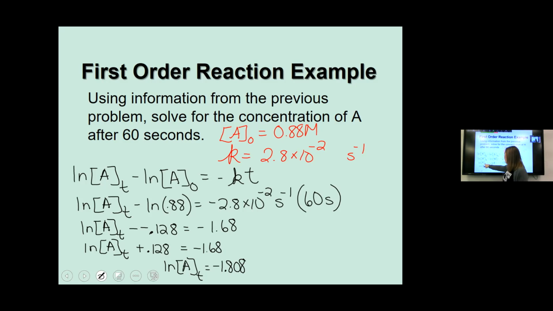So once I do the natural log of 0.88, that gives me negative 0.128. So then I have a negative minus a negative, so that's going to change me to be a positive. So that's how I got down here. And then I did the negative 2.8 times 10 to the negative second times 60. And that gave me negative 1.68.